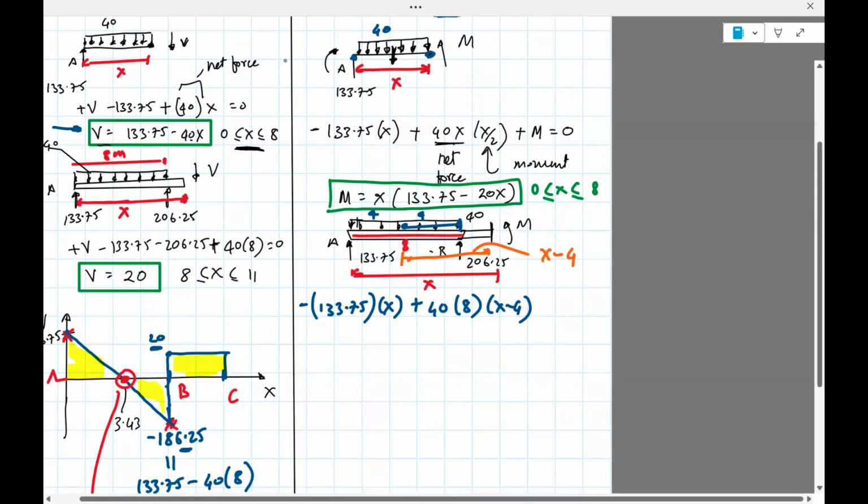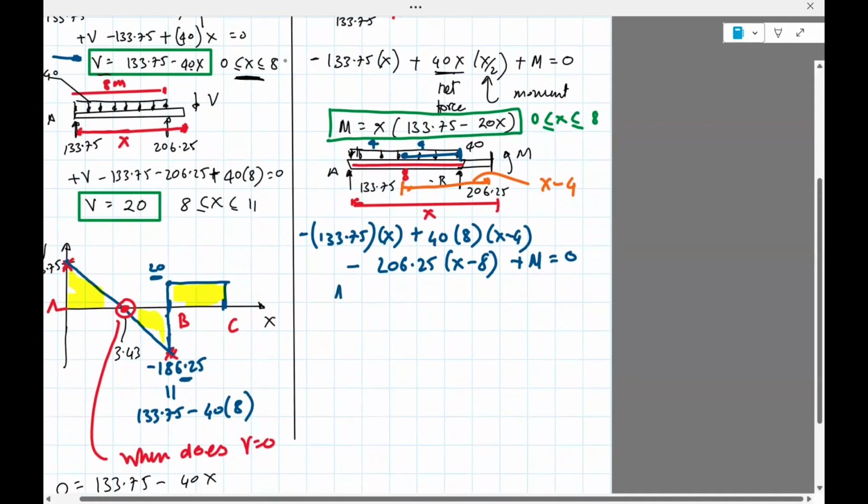Then we have B. It's 206.25. It's at a distance of x minus 8. It's going to induce a clockwise moment. And then we have M, which is counterclockwise. So all this equals 0. From this, we can solve for M. The equation for M actually turns out to be pretty simple.